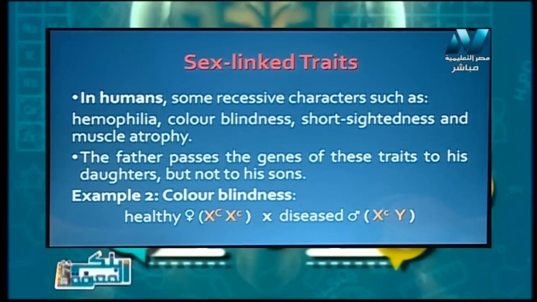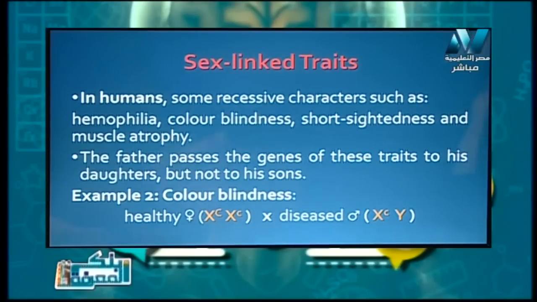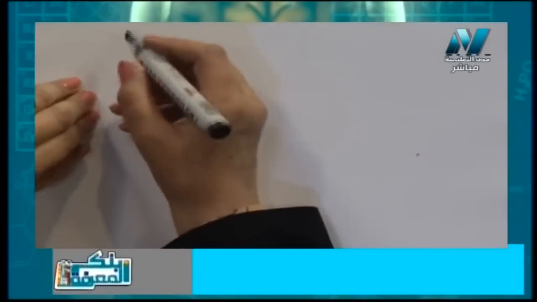And since the Y chromosome doesn't carry these genes, or the genes for body characteristics, these genes do not pass to the sons, but only to the daughters. And we can do this experiment, or this process of inheritance, as we did in the Drosophila.